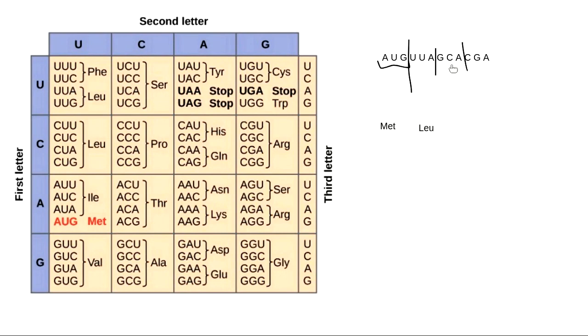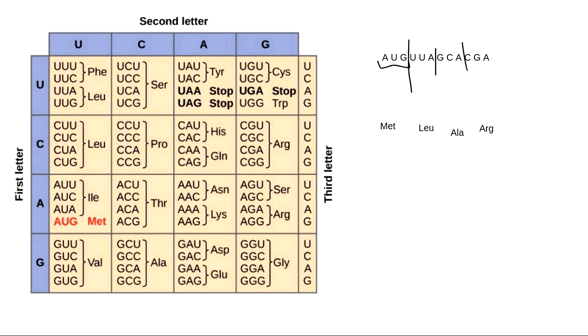GCA, G on the bottom, right? C in this column here, and A is alanine. So we got alanine, that's our next amino acid. And then a lot of us were honing in on the last one too. CGA. Again, now we go back, so here's C. Go over to my G, and we got the A right there, CGA. That's arginine. Okay.